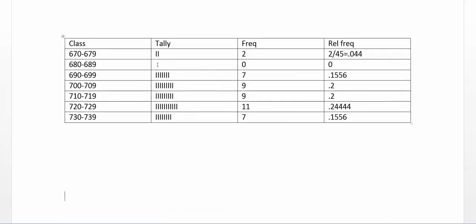Okay, so as you've worked out the various percentages, we can talk about doing a graph. So at the bottom, we would set up from 670 to 679. So we would go right in the midpoint of that, which is 675.